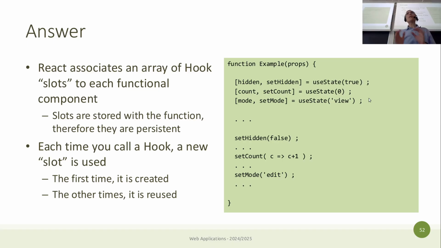Well, actually, the answer is that every time you use a functional component, like any component we saw in this course for React, React associates an array of hooks to the component. If there are no hooks, the array is empty. If you start using hooks like useState and useEffect, every slot is filled in with the hook, okay? The type and the content that belongs to the hook.